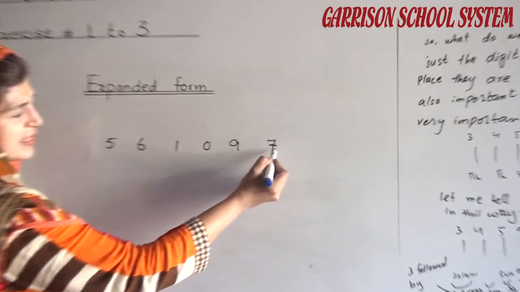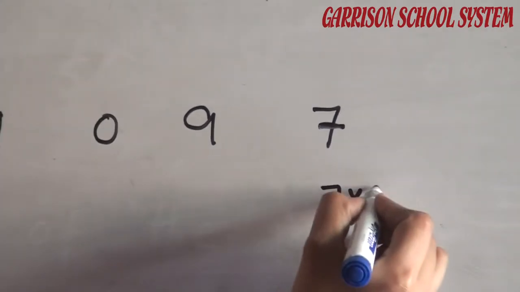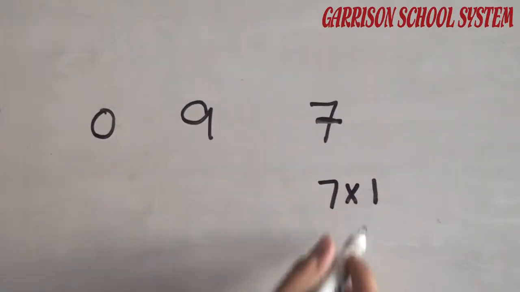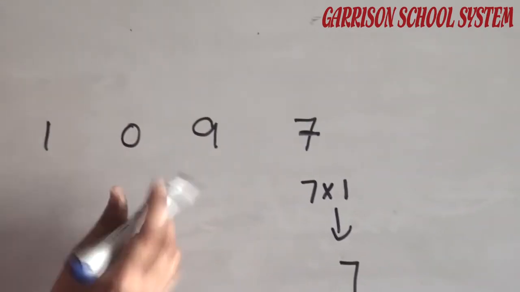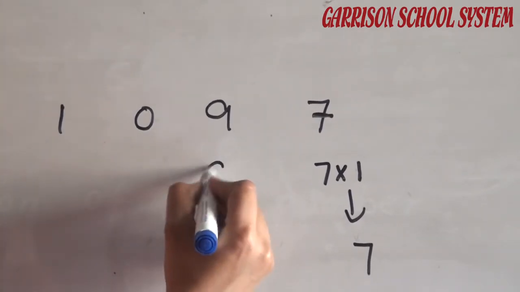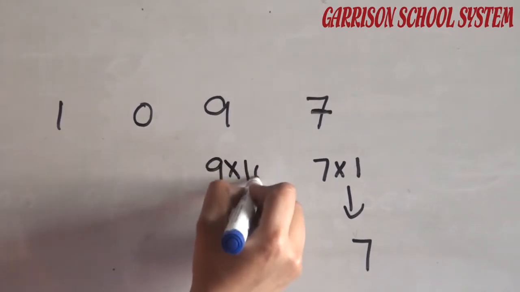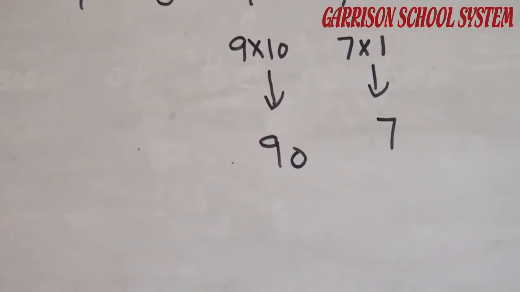Because the digit 7 is in the ones place, it will get multiplied by 1 and its place value will be 7. In this way, this digit 9 is in the place of 10, so 9 will get multiplied by 10 and its place value will be 90.